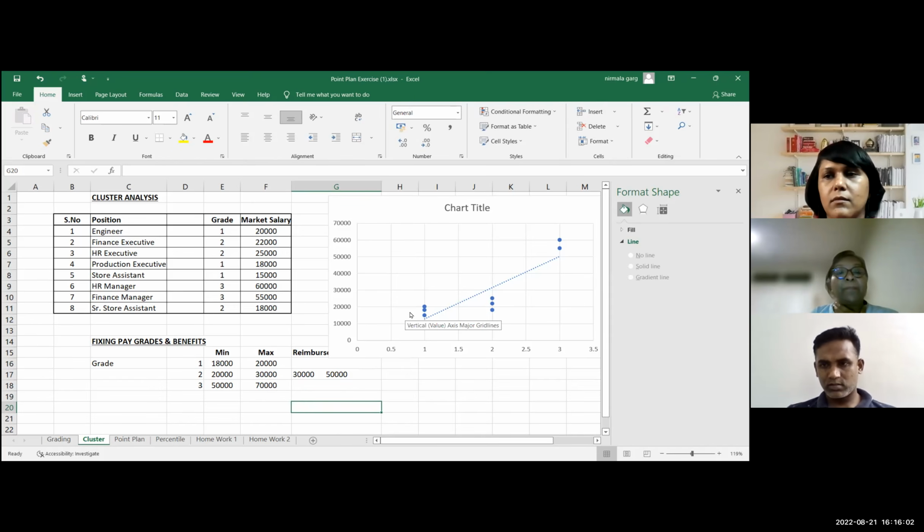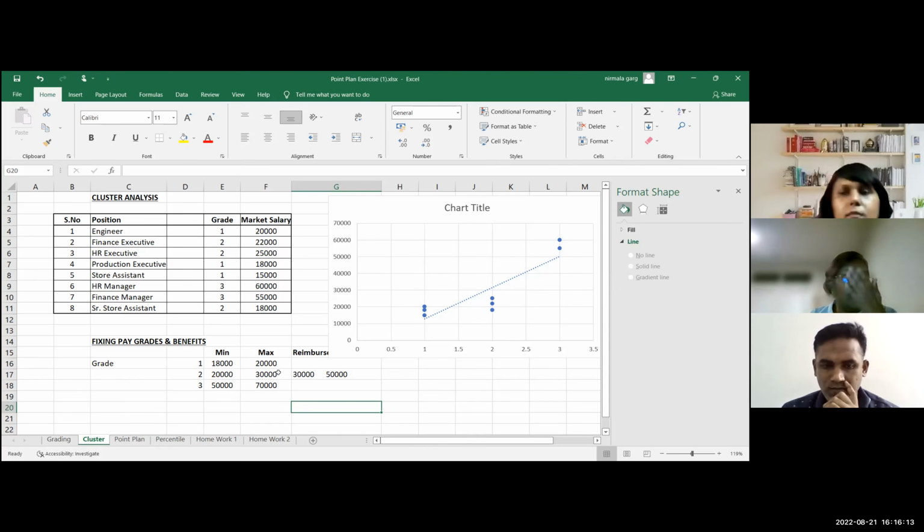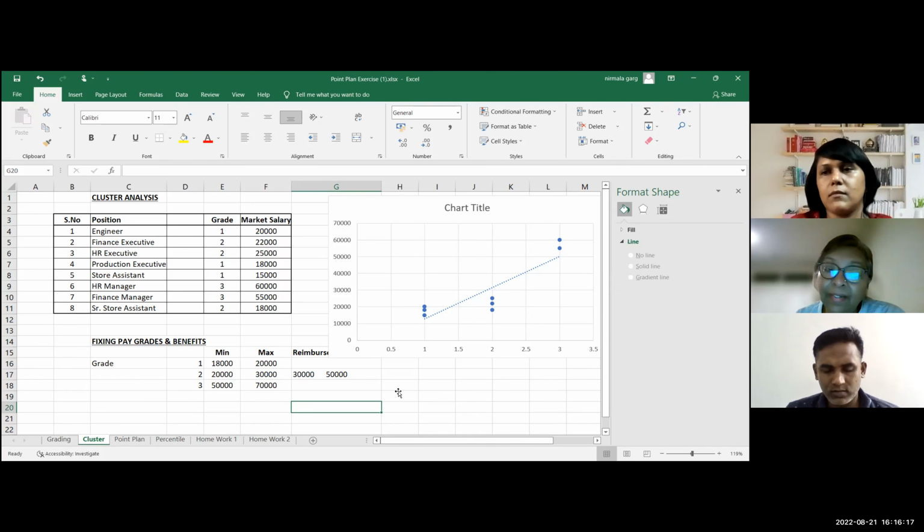So when you are actually fixing a pay band or a pay grade, what do you need to do? Select data, get the market data, insert, do a scatter graph, and then create your min and max. Once you learn the market data, then I will tell you, do you want to lead or lag? Then how do you increase it by 10%, 15%? I'm not wanting to make things complex here, but very simple.